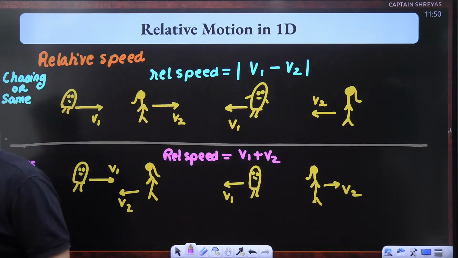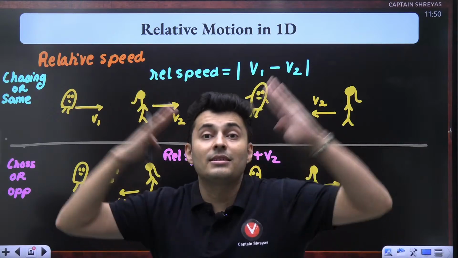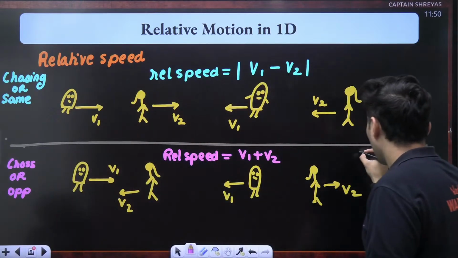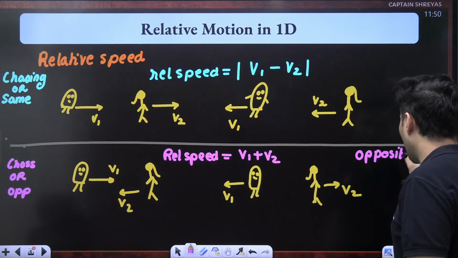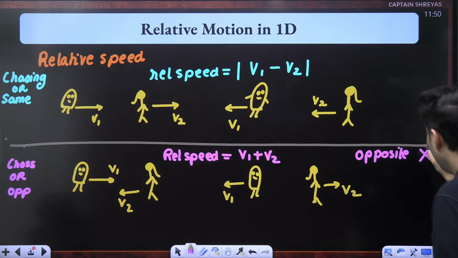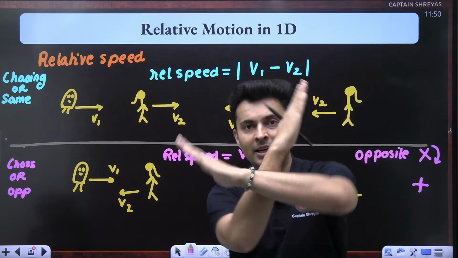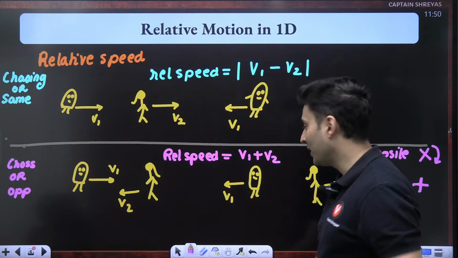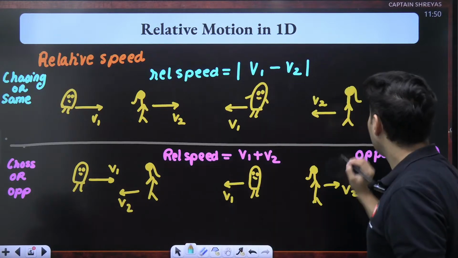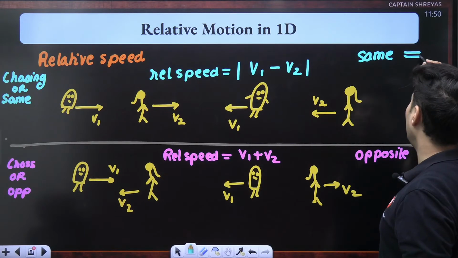Is that right? Now the simple way to remember it is opposite. What is the symbol for opposite, guys? This one, right? Turn this opposite symbol, it will become plus. See that plus sign over here? Yep, very good. Same, same means equal to.